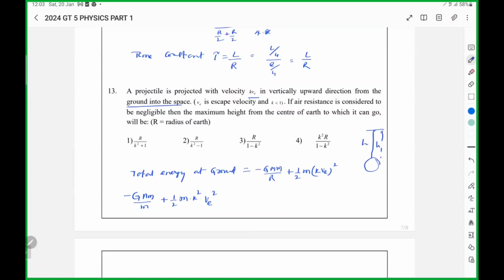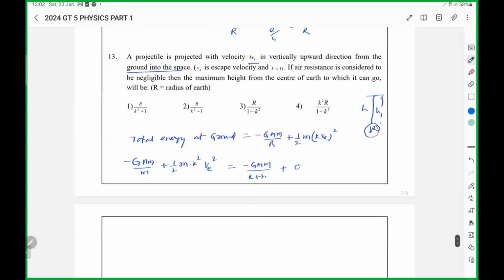At certain height, since at maximum height it has only potential energy, R is radius, h is height from the surface. At extreme height, velocity is zero.